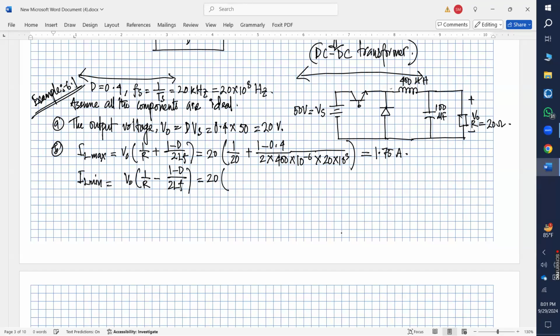So 20 multiplied by 1 over 20 minus 1 minus 0.4 divided by 2 into 400 into 10 to the power minus 6 multiplied by 20 into 10 to the power 3. This value should be 0.25 amps, right? Yes, sir.